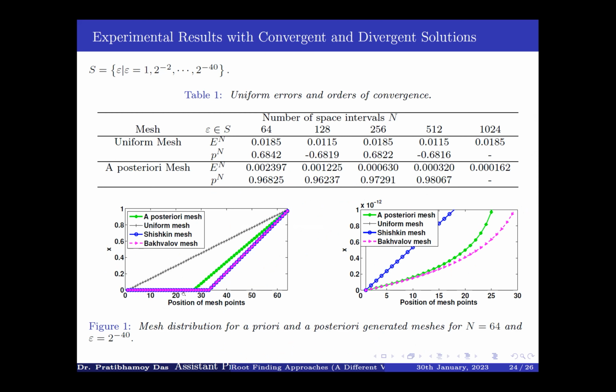Pink and blue are both matched. So if you zoom it, you will see that this is a straight line. It means with a uniform mesh, uniform in one side, uniform in the other. It can be fully uniform in both the sides throughout the domain itself, but here it is uniform in one side, uniform in the other.